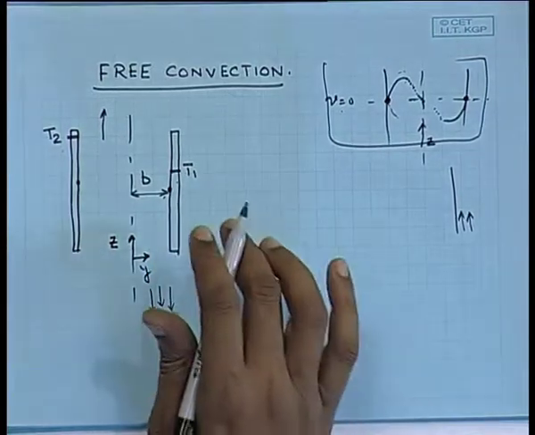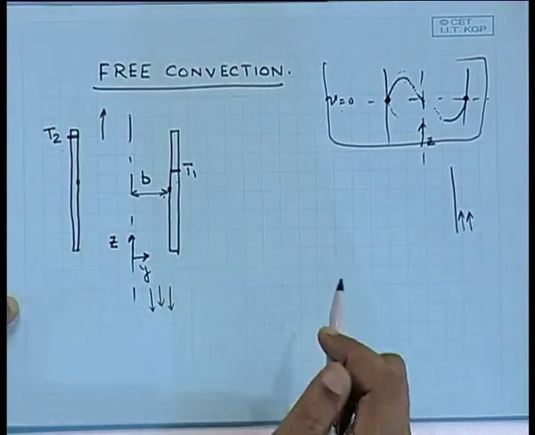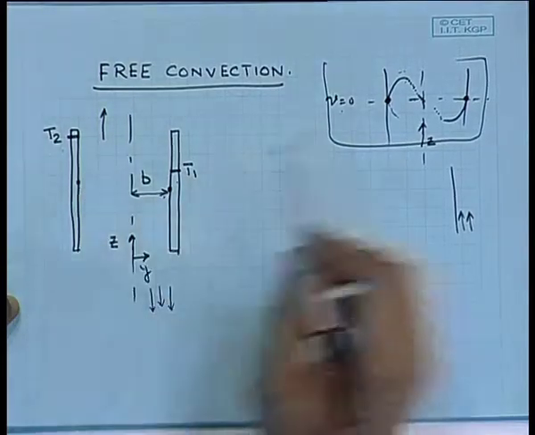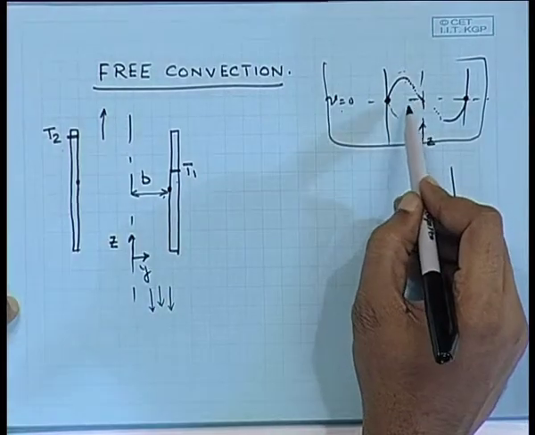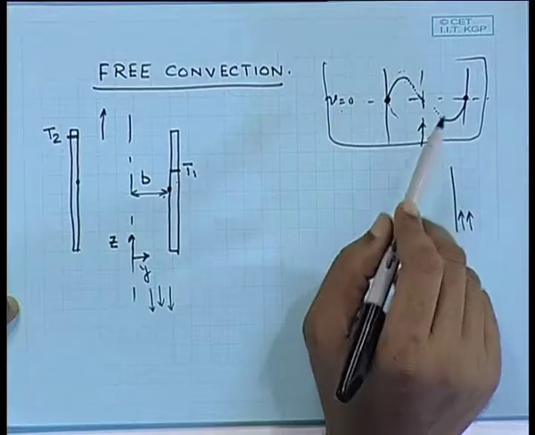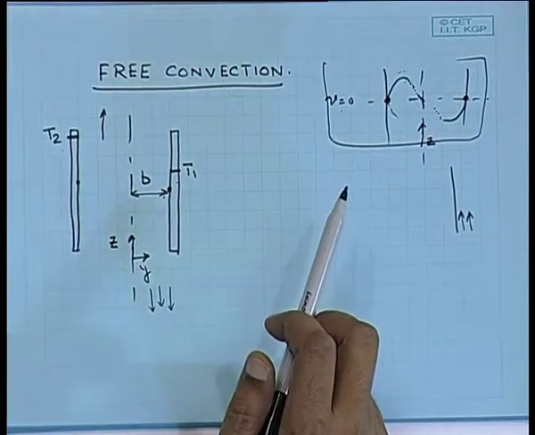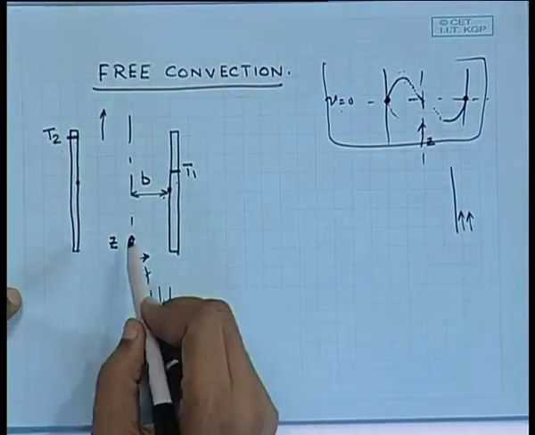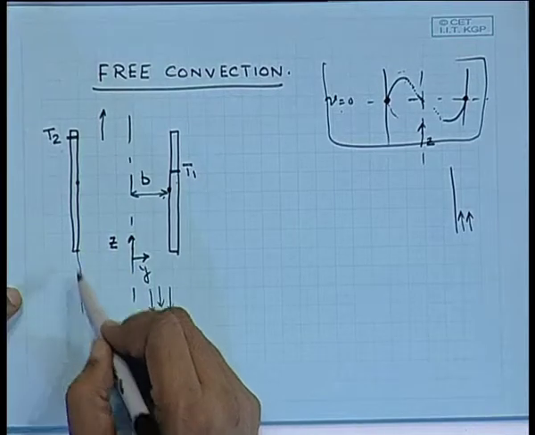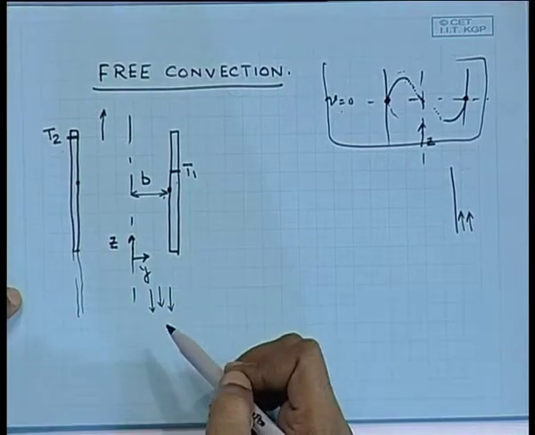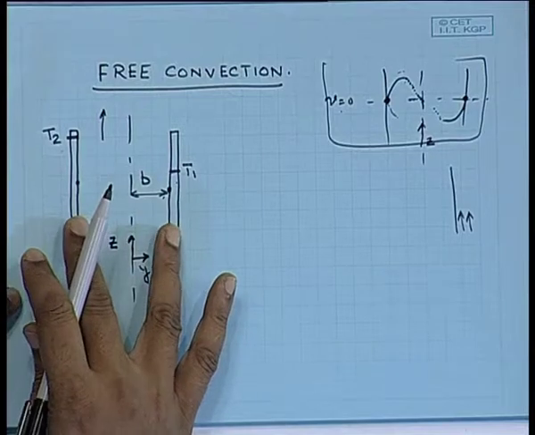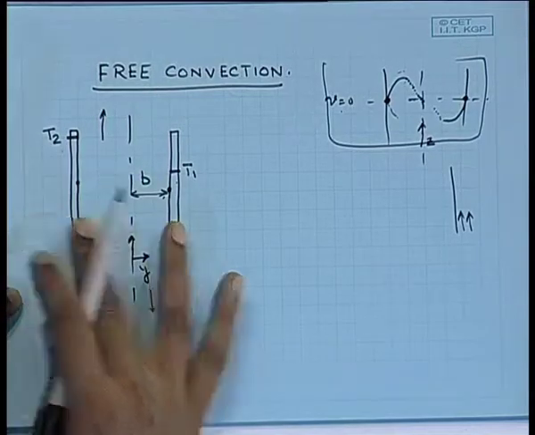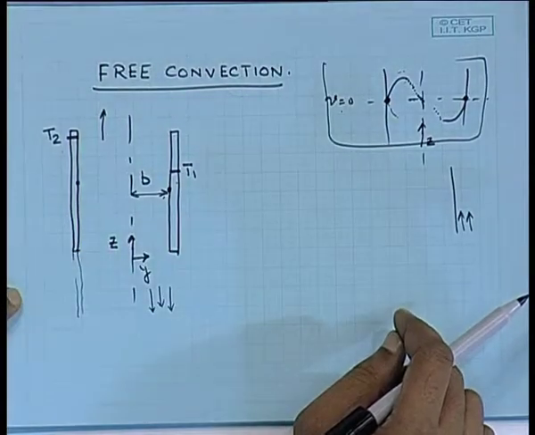Now, we have to decouple the problem as much as possible. So it's a case of fluid flow and heat transfer taking place at the same time. Now, let us think of the case where these plates are very long in the z direction compared to the separation of the two plates, which is equal to 2b.